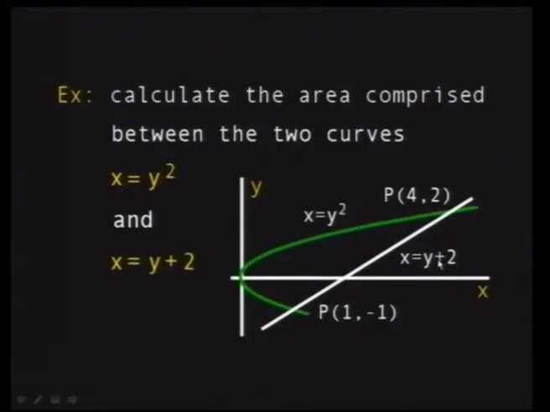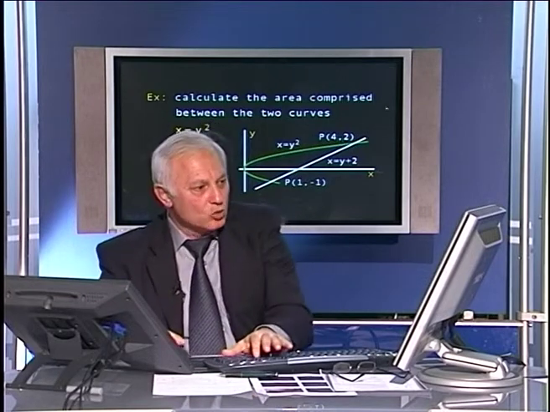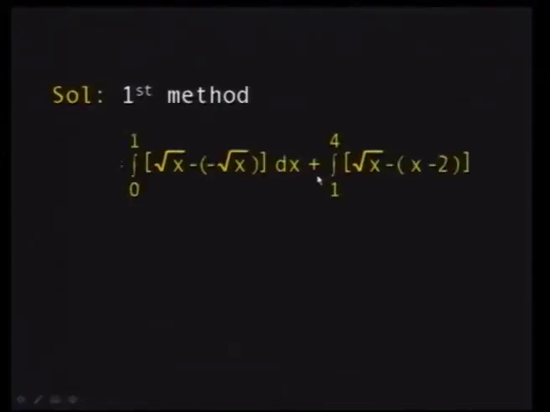Here you have x equal to y plus 2, and x equal to y squared. So you subtract y plus 2 minus y squared, which is the length of your strip, times the base, which is dy, and then you integrate from y equal to minus 1 to y equal to 2. So you have a different line of approach. Instead of having two integrals, you can have just one simple integral.